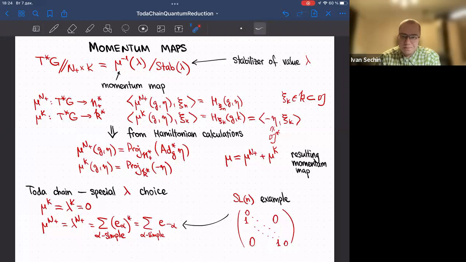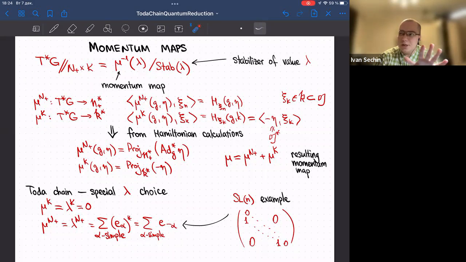Because our action is not an action of the whole group from the left and from the right. Because in Hamiltonian reduction, the dimension of our phase space is the dimension of the old phase space minus the dimension of the group and the stabilizer.